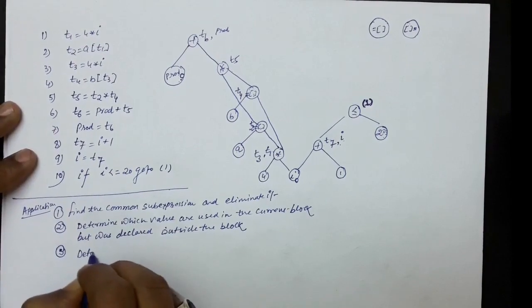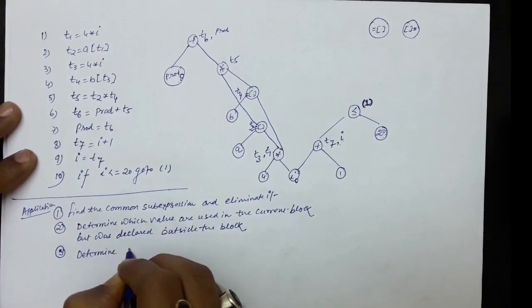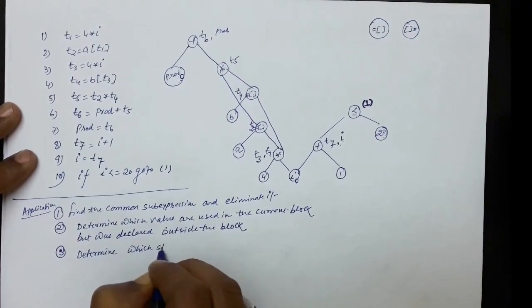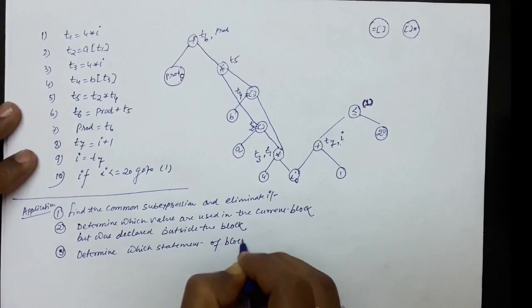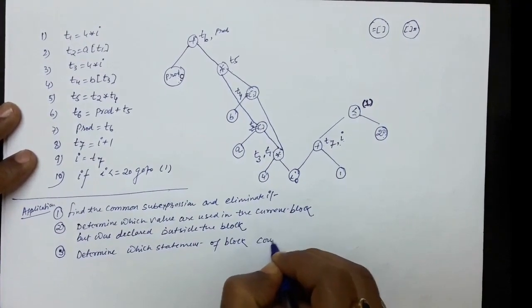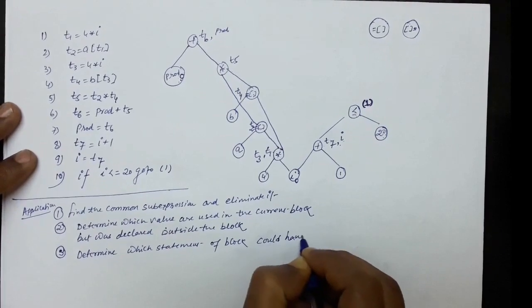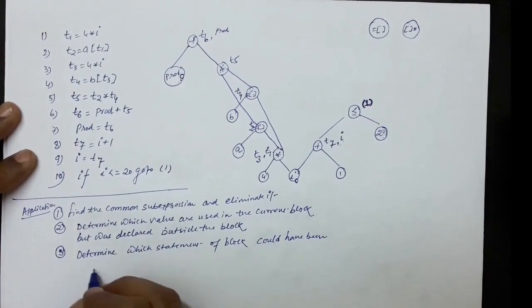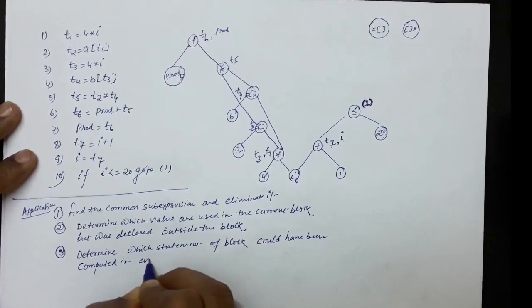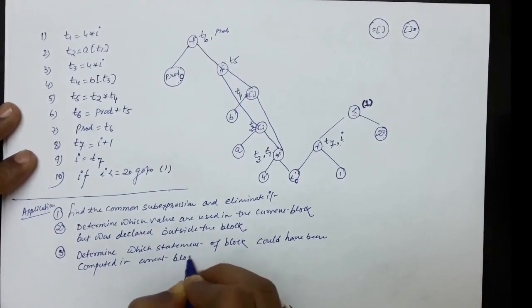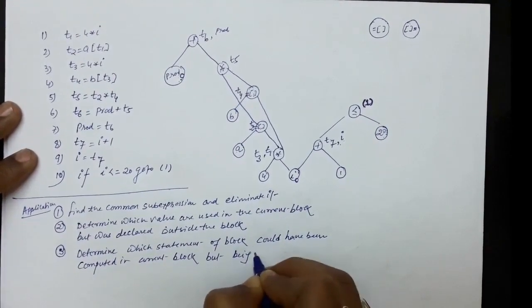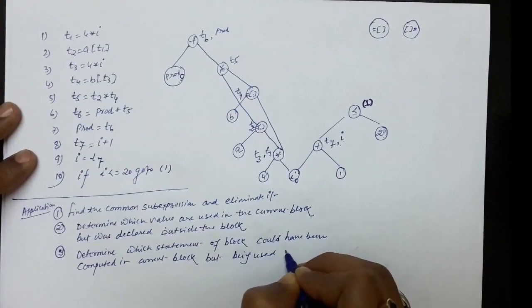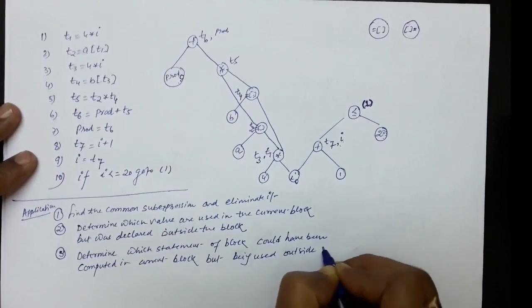So we have to determine which statement of the block could have been computed in the current block but is being used outside the block or by some other block.